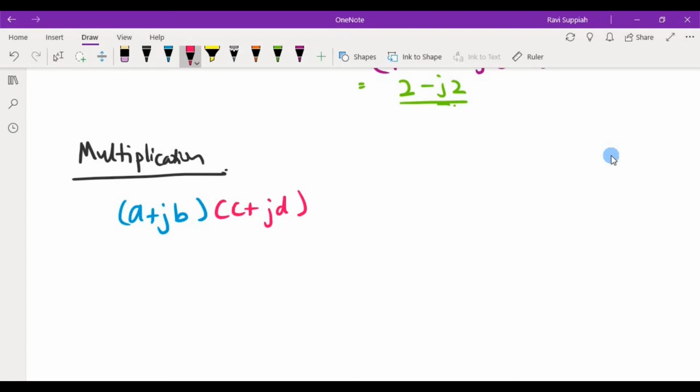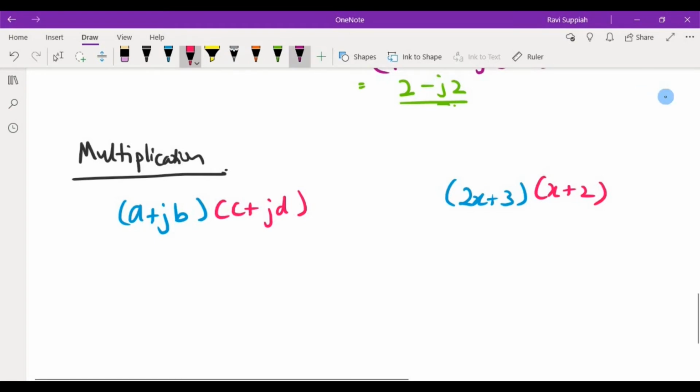How will I perform the multiplication here? To do this, you follow the same approach as how you would perform the expansion of two normal algebra expressions. For example, if I give you 2x plus 3, and the second expression as x plus 2, how would you perform this expansion here?